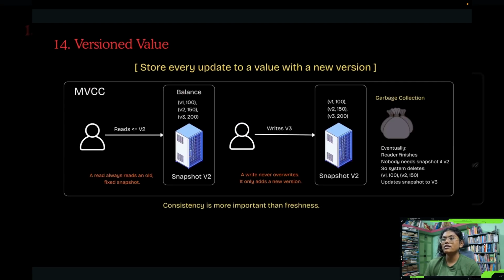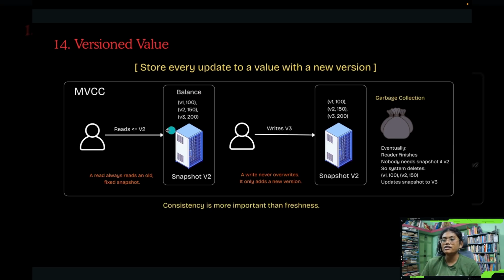And then the 14th concept is the version value, which is we are storing every update with a new version value. This is the main concept used in multiple version concurrency control, which is obviously used in Postgres. This uses 2 things. Firstly, a reader will always read an old and fixed snapshot.